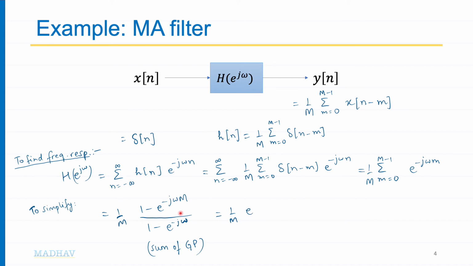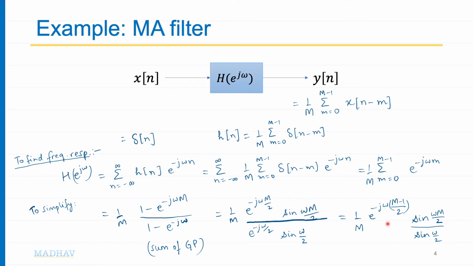So basically this is the sinusoid. So I get 1 upon M, and this is the common term which I get from here, and then the remaining is the sinusoid. Similarly here, the common term is minus j omega by 2 and the sinusoid. Now let's put it in a simple form.